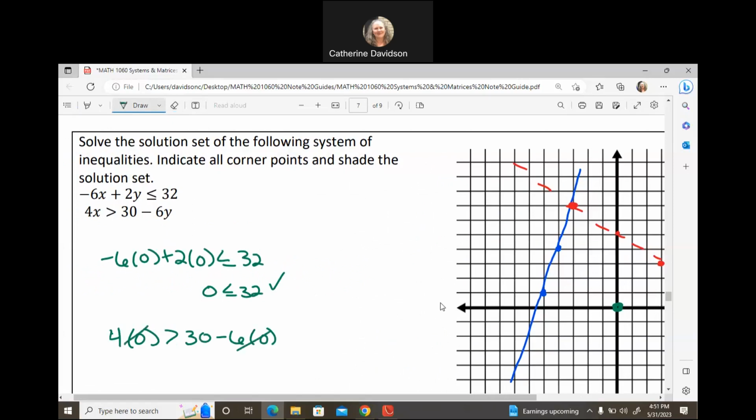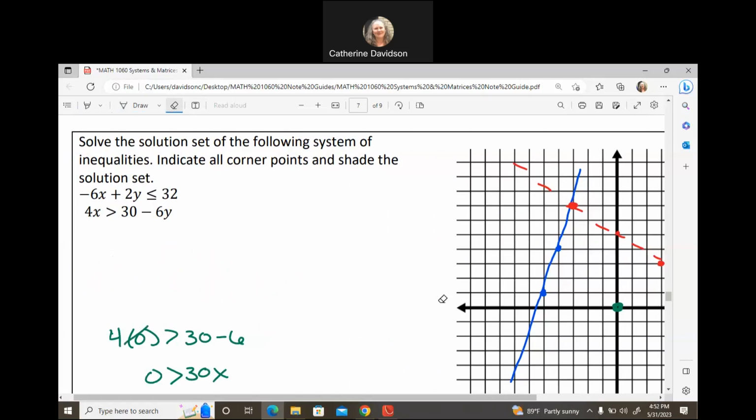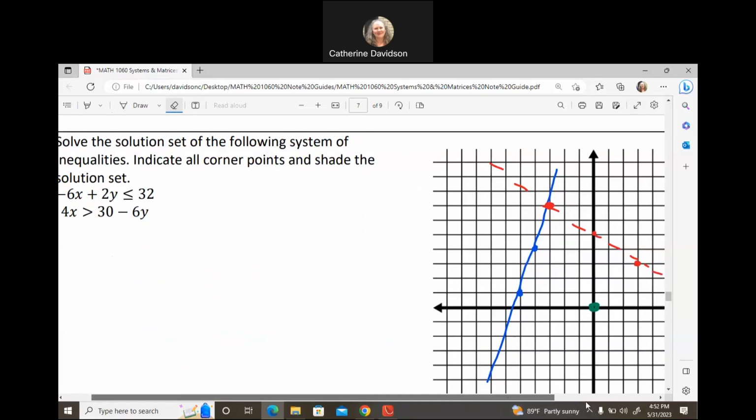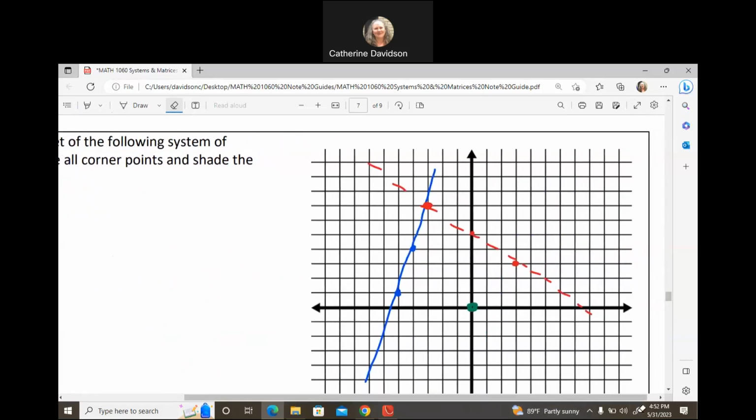Is 0 greater than 30? No, that's not true. So that area, remember you can pause these videos. Let's come back over here. So we don't want to click the paint can anywhere over here, okay? Because it only made one of the inequalities true.